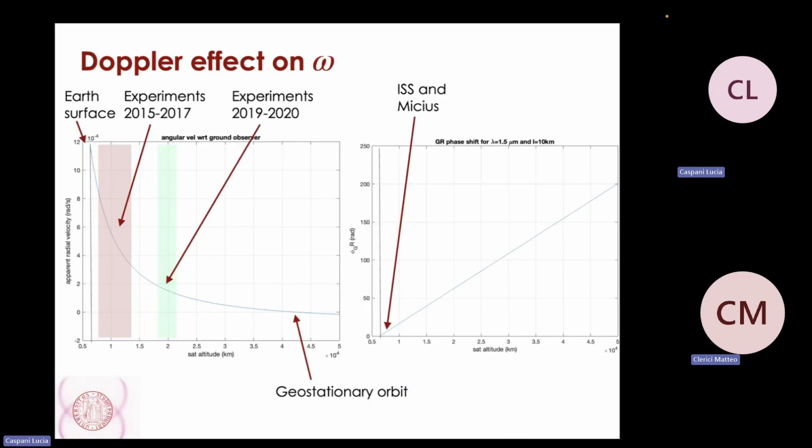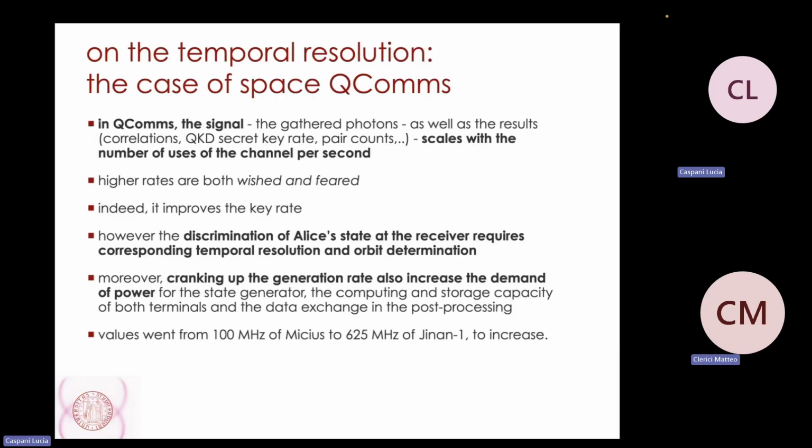It will take quite an effort because essentially it's going to be far beyond what we did in the two campaigns, 2015, 2017, and 2019 to 2020, as well as where Michus has worked. So it's going to be quite a tough project to set up. On temporal resolution, well, I think I don't have time for this.